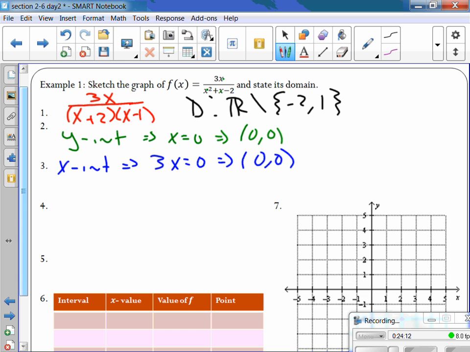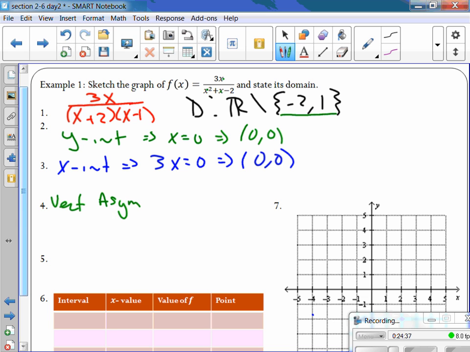What about my vertical asymptotes? Absolutely. Taken just straight from the domain. Well, if you didn't evaluate the domain, we need to set that denominator equal to 0. So x equals -2 and x equals 1.